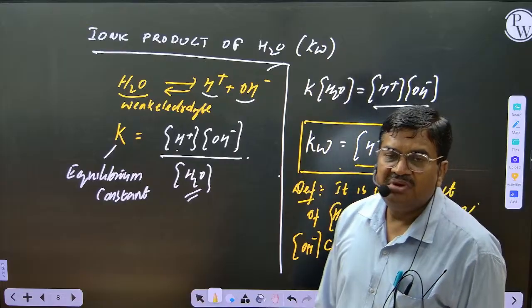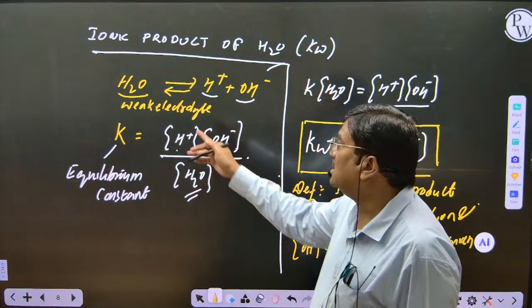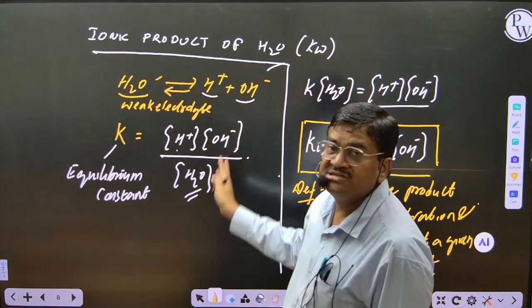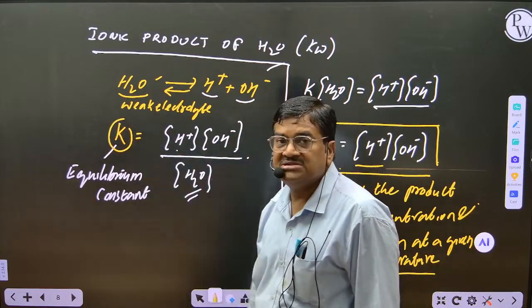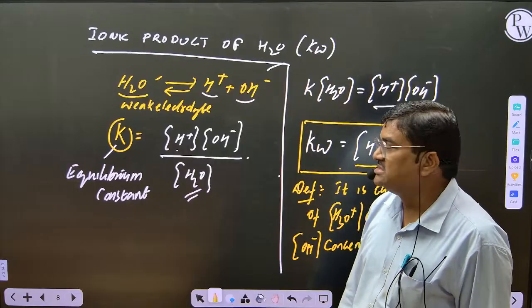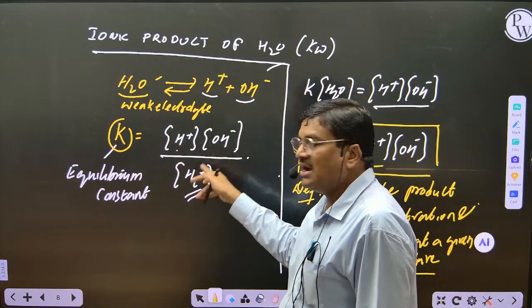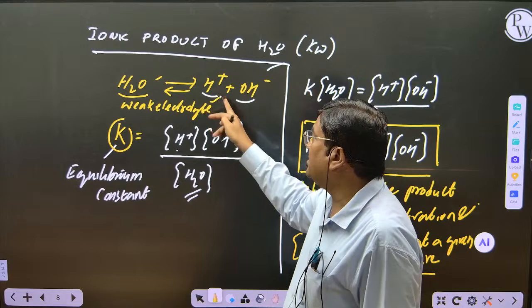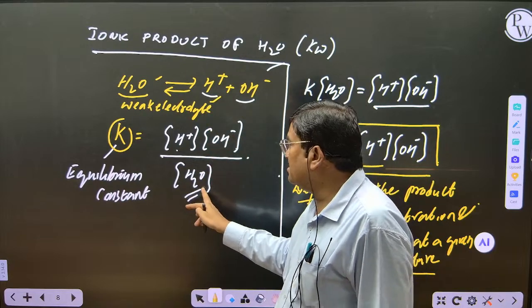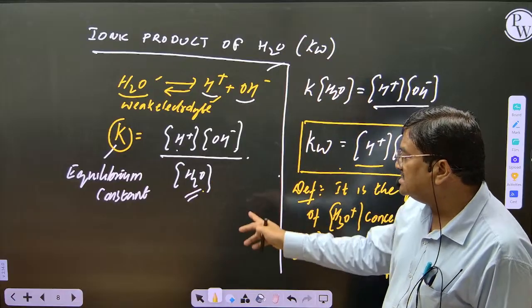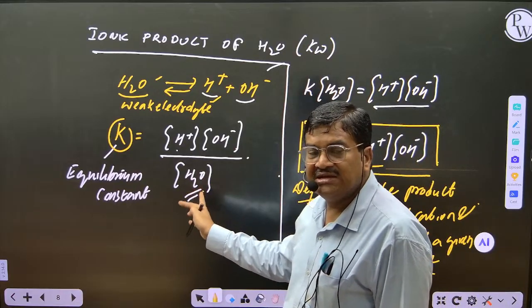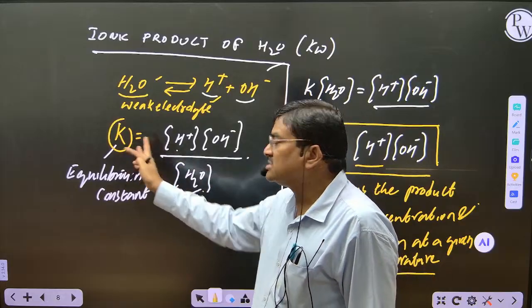Understood, students? So simple, ionic product of water. Here water is a weak electrolyte, so it gets ionized into H plus and OH minus. When we apply the equilibrium constant, we get product concentration by reactant concentration, that is, hydrogen ion into hydroxyl ion by water. Since its ionization is very less, water is taken as a constant, so we bring this constant to the left side.